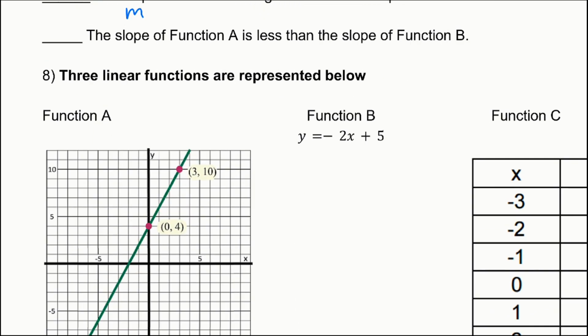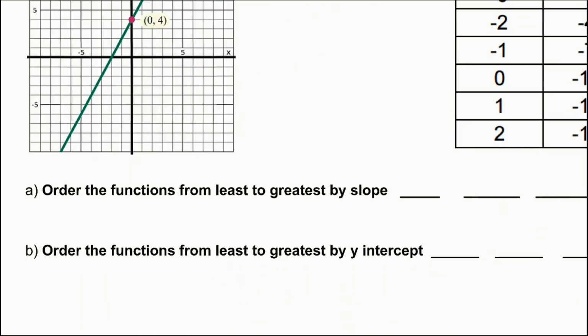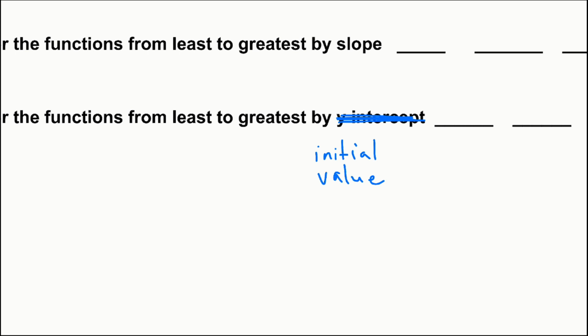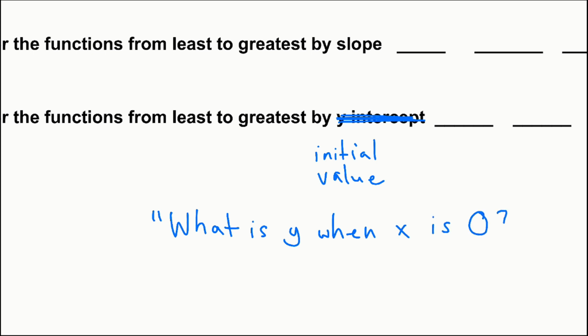Before we get into this, because number 8 is talking about something called the y-intercept, and I did this in class, but I'm going to do it for anybody that wants to watch this walkthrough video. We're going to call this the initial value for now. What I want you to think about is: what is y when x is 0?